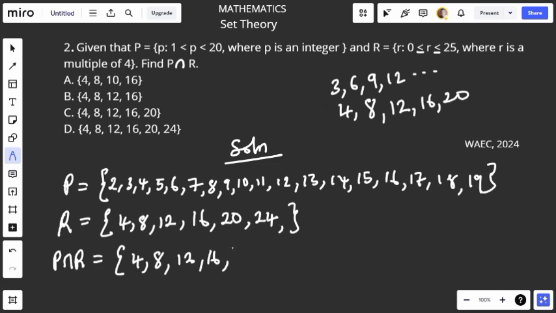So these are the only common elements. So P intersection R equals 4, 8, 12, 16. Option B is correct.